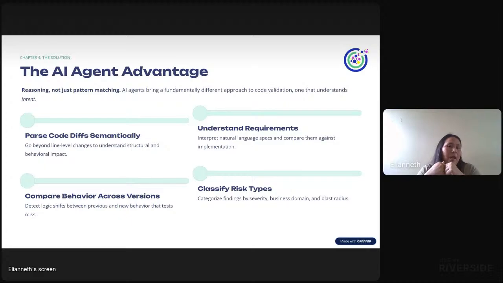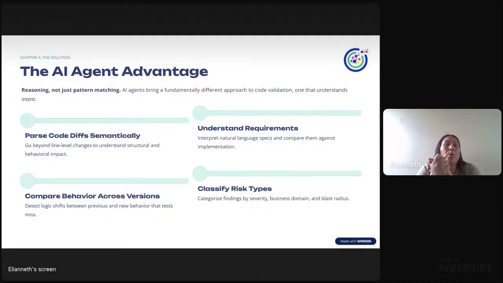The other thing is that we can compare older versions. We can say, okay, this new version actually keeps the same logic as the older one. But most important, we can classify risks. The AI agents can help us identify that not all risks are the same or have the same kind of impact on the product.